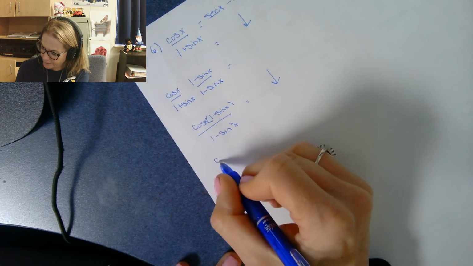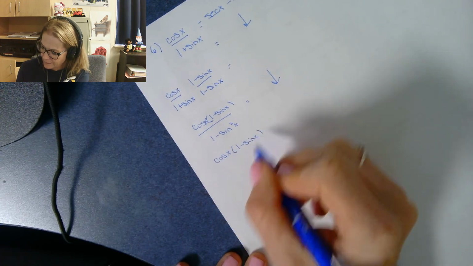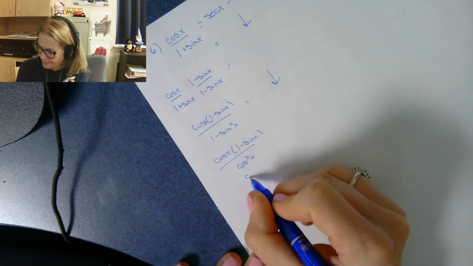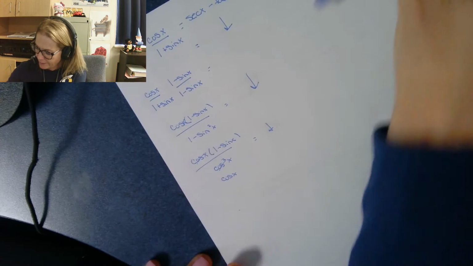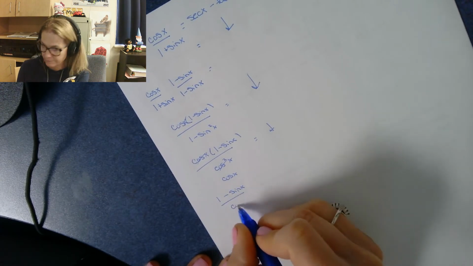So this is going to be cosine of x times 1 minus sine of x, and this is going to be cosine squared of x, and I can cancel a cosine. So now I've got 1 minus sine of x over cosine of x.